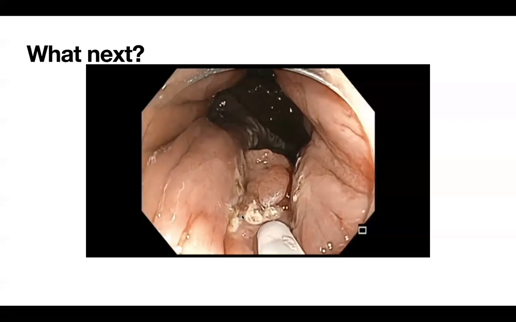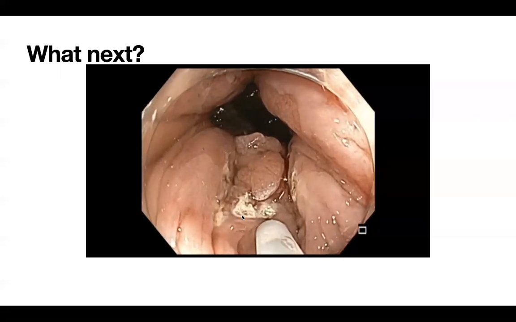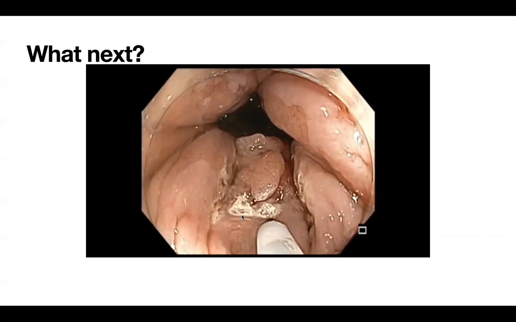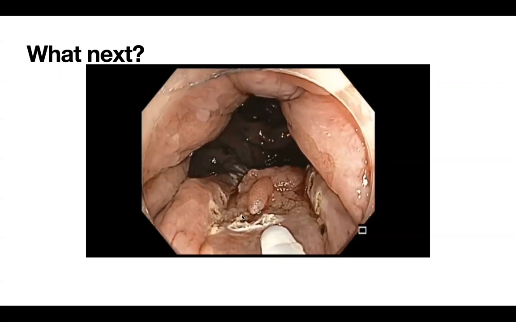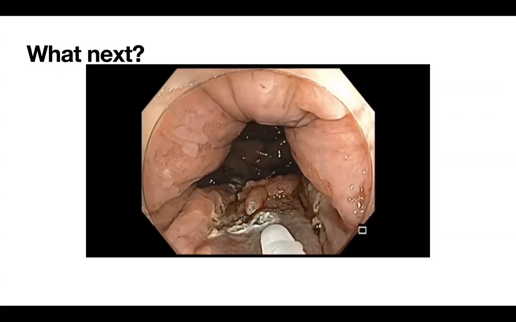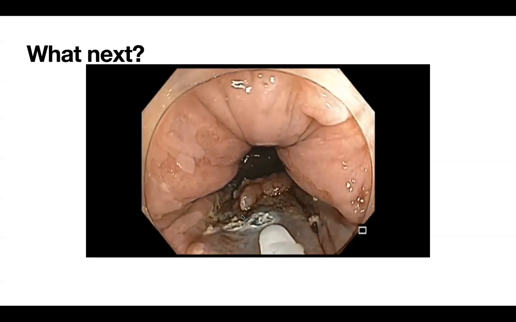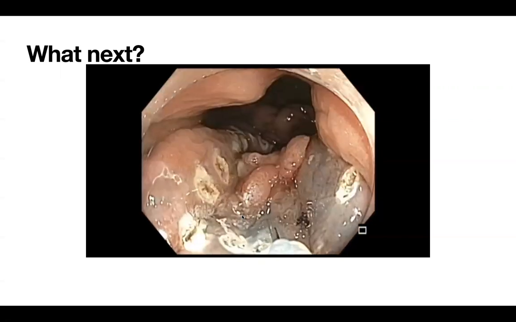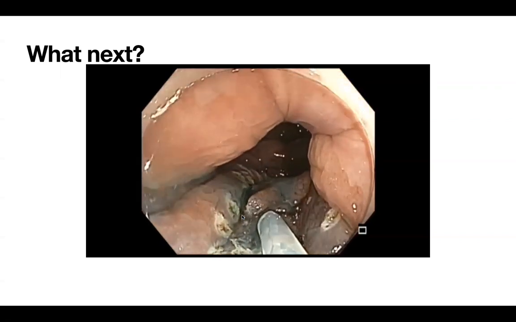The reason you want to get parallel is to avoid getting into the vein, because there are lots of veins here. And the second one is I used 2% lidocaine first and injected about 5 cc's at the base, so that if my cut involves a little bit of the dentate line, the patient does not have a lot of pain from that procedure. So that's what I wanted to mention.